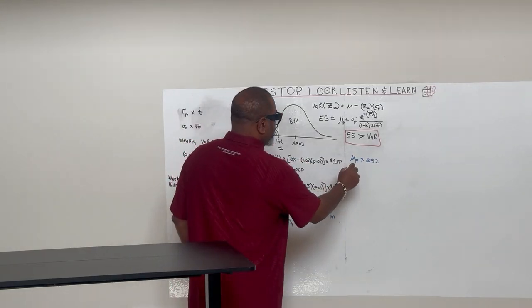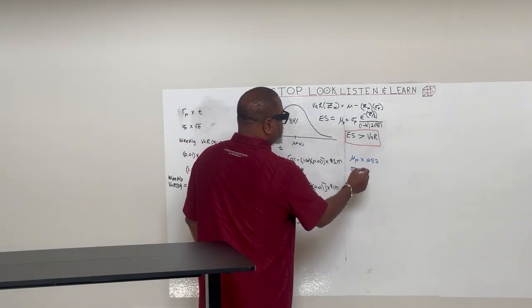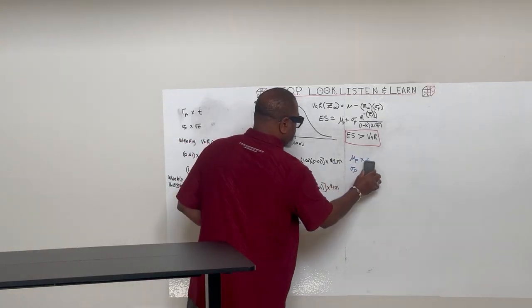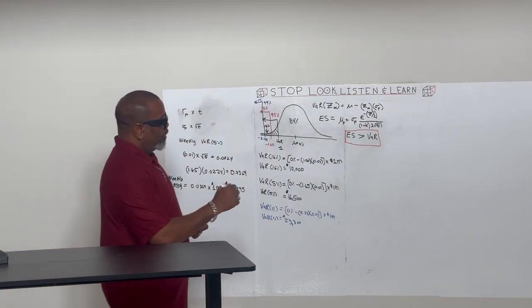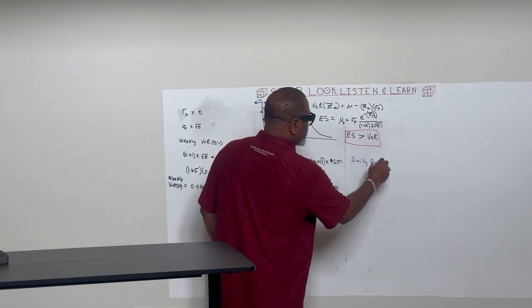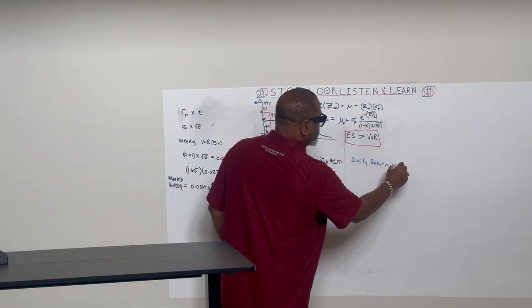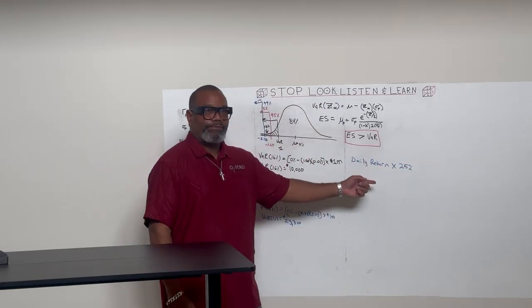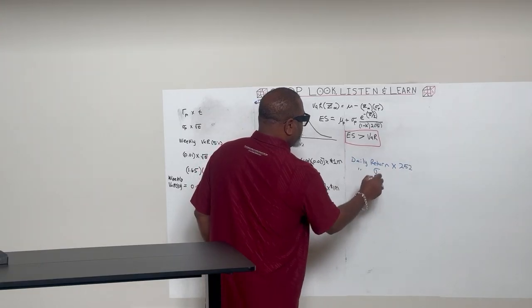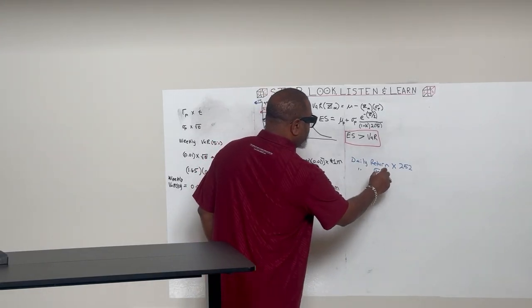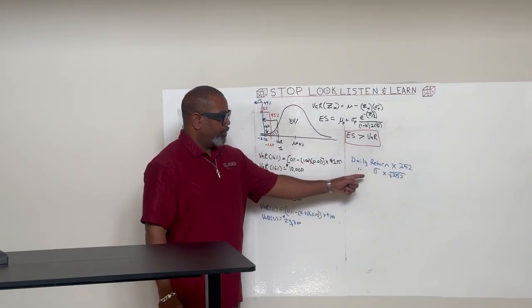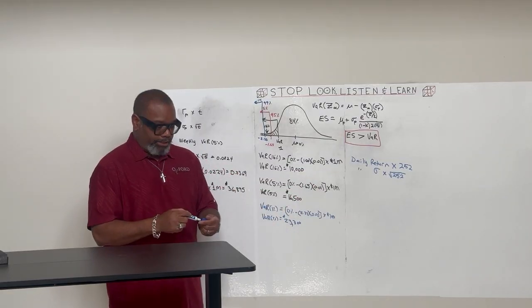Then you take the daily standard deviation and multiply that by the square root of 252, because there are 252 trading days in the year.